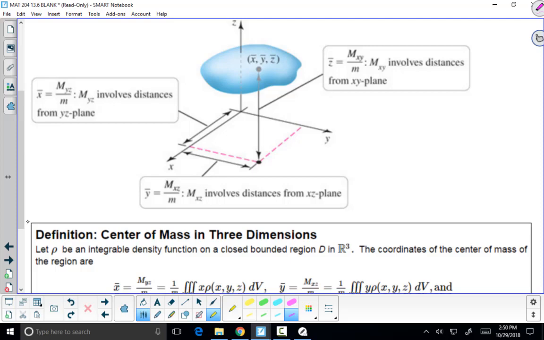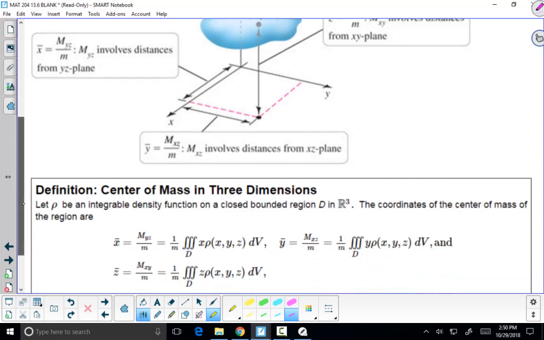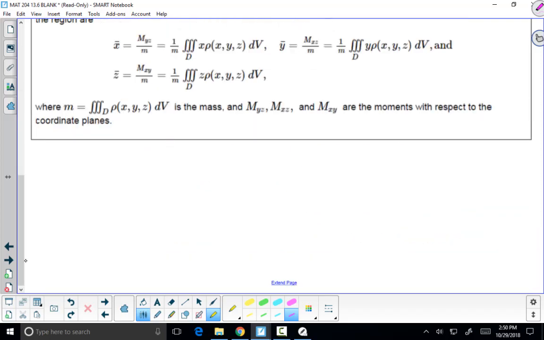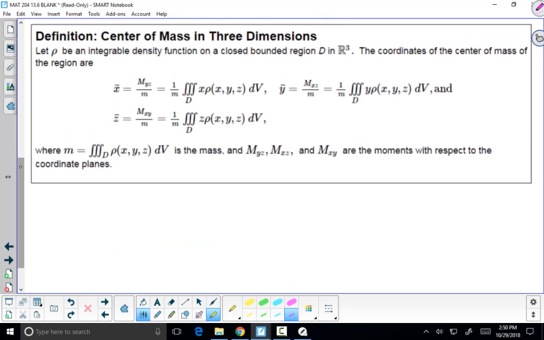How far is a point from the yz plane? X. Its x coordinate measures how far it is from the yz plane. Right? The z coordinate measures how far something is from the xy plane. So let's see if we can muster this together. So same idea. The balance point, each coordinate, moment divided by mass.